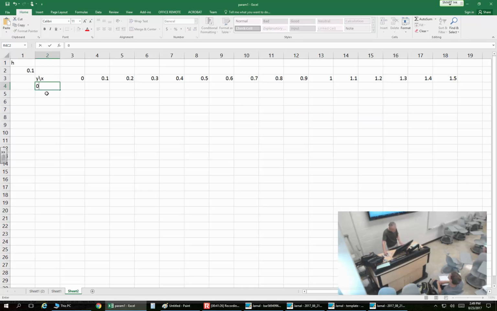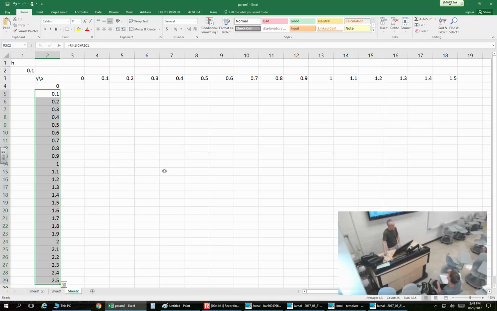I start with 0, and then once again enter equal to the previous value plus R2 C1 again. Okay? And once again I have a bunch of values of y. And then I will be entering the formula for f, and I have a bunch of values here in this square. Okay? So we'll do it next time.